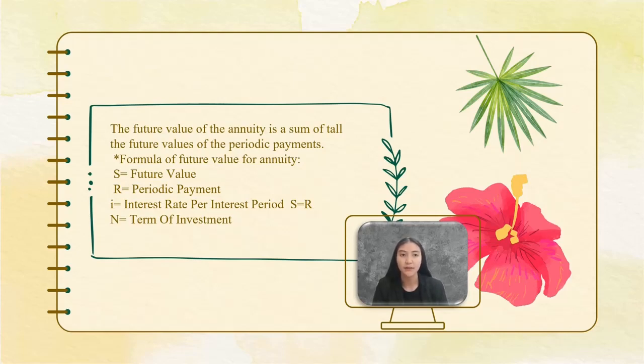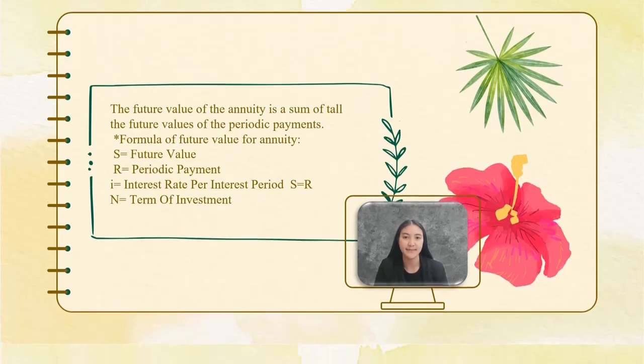The future value of the annuity is the sum of the future values of the periodic payments. The formula of future value for annuity is S equal to R open bracket (1 plus i) to the power of n minus 1 over i close bracket. S stands for future value, R for periodic payments, i for interest rate per interest period, and n for term of investment.